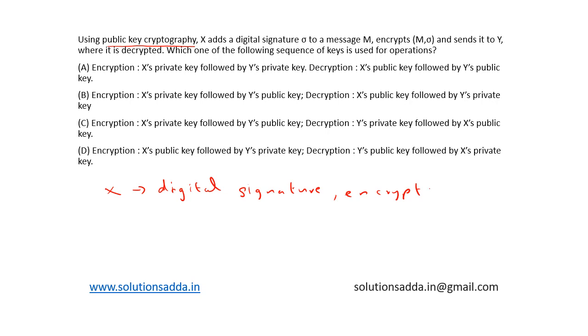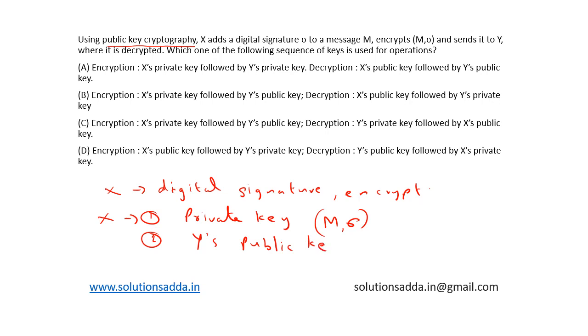For the first part of adding digital signature and encrypting, the following steps are involved. X in the first step uses the private key of X to encrypt the message as a digital signature. Now the message will be M comma sigma and this is again encrypted in step 2 using Y's public key.